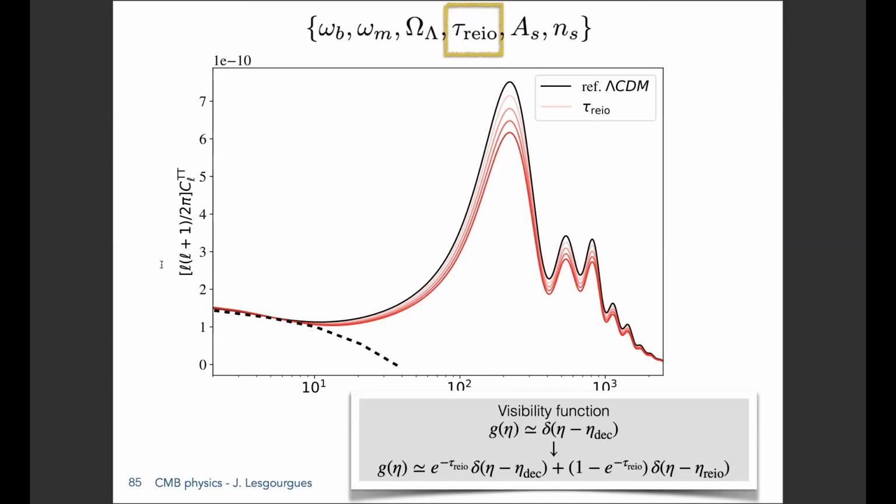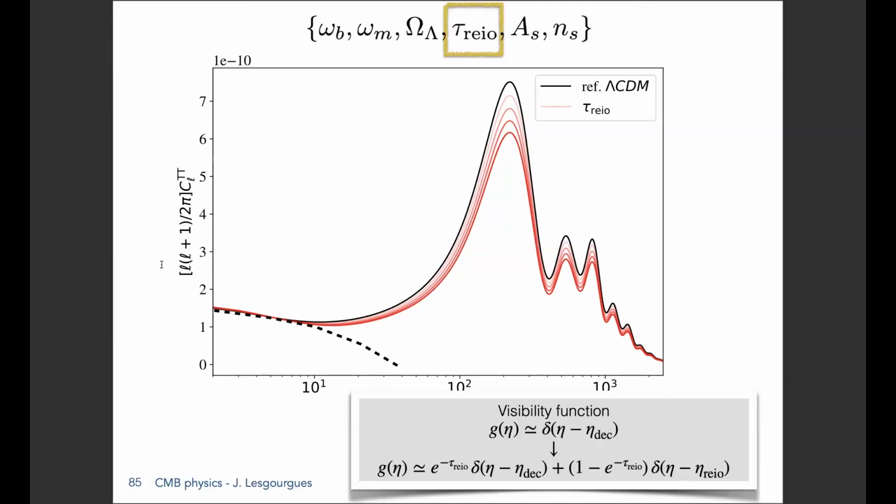It's as if you had a second last scattering sphere, but much closer to you. And on this sphere, again, you would have some physics with a Doppler effect, with a Sachs-Wolfe effect, etc. And so this will produce its own power spectrum, which will be decorrelated from the initial one, but you will observe only the total.